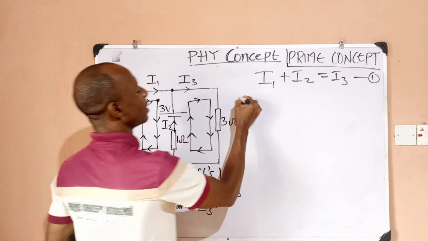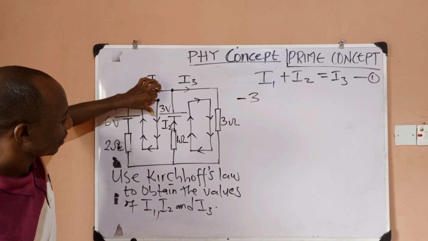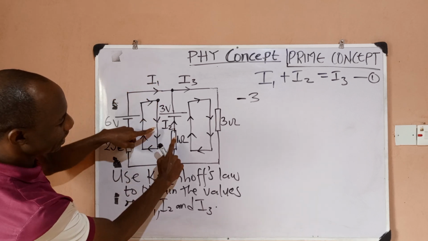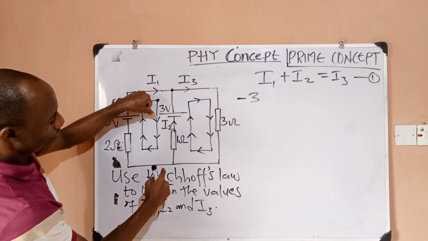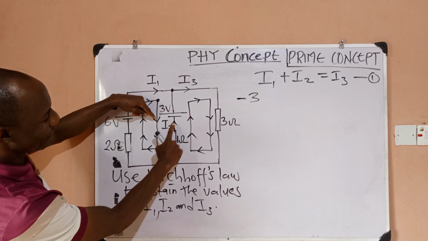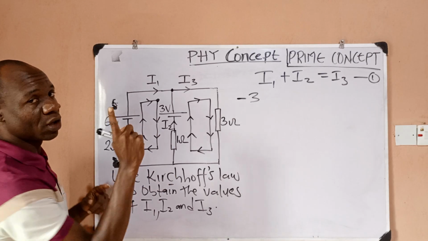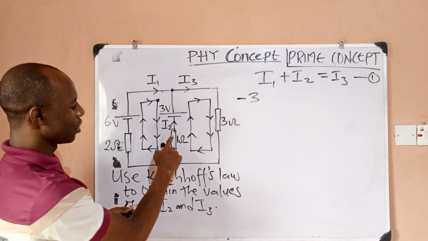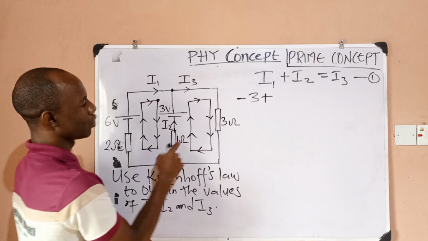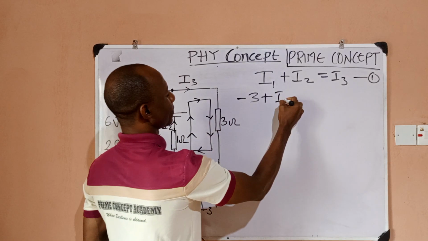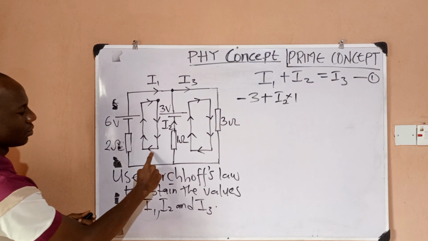So I would have negative 3. If I continue moving, you notice in this particular resistor, the current is going up, but our loop is coming down. So our loop and our current are opposite. So our voltage drop here is going to be positive: the current, which is I2, times 1. I2 times 1.